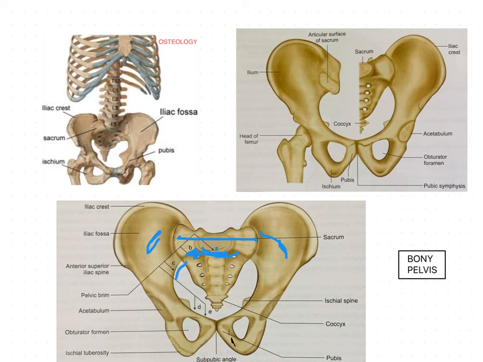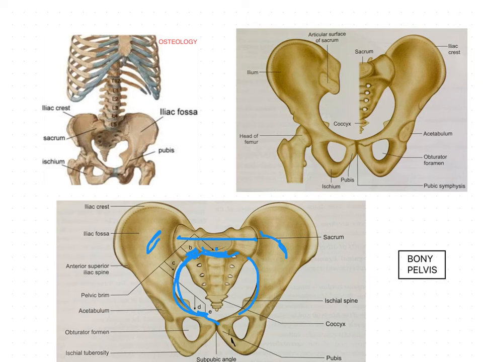Arcuate means arch-like line. So on both sides it has an arcuate line of the ilium, and anteriorly the pecten pubis. I have already mentioned the pecten pubis and also the pubic crest. So these are the structures forming this pelvic brim.